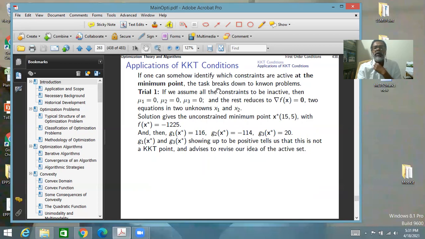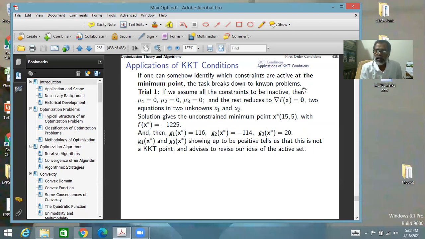So primarily, we try to identify which constraints are active at the minimum point or at the KKT point. Now, once we can do that, the actual task breaks down to known problems. Known problems, which known problems?